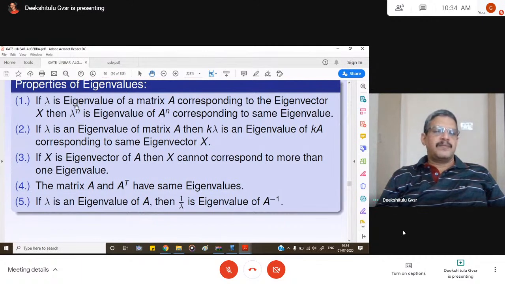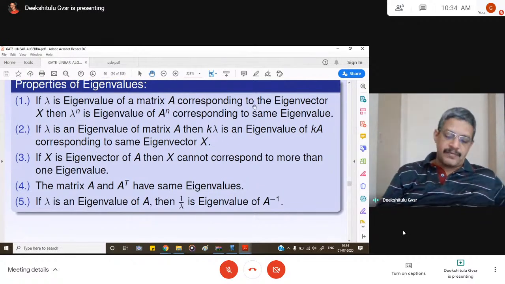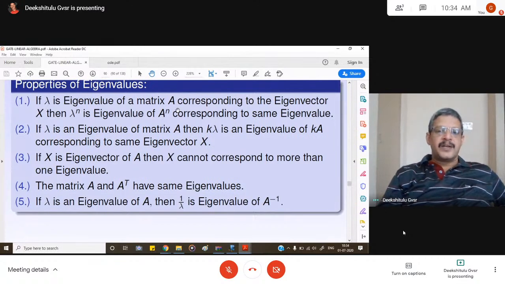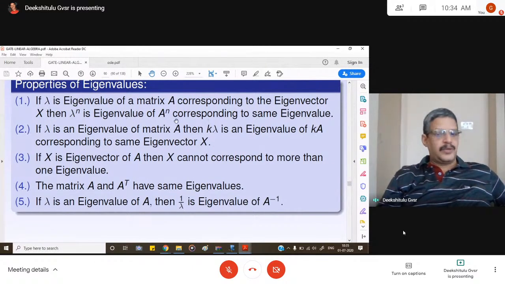So what happens? If lambda is an eigenvalue, then lambda power n is an eigenvalue of A power n. So lambda cube will be an eigenvalue of A cube. So lambda is equal to 2 means 2 cube will be an eigenvalue of A cube. Problems are of that type, they are asking directly based on the properties of eigenvalues. So we have to learn these properties of eigenvalues very, very thoroughly. There is no escape here, there is no trick here, you have to read them, that's all.